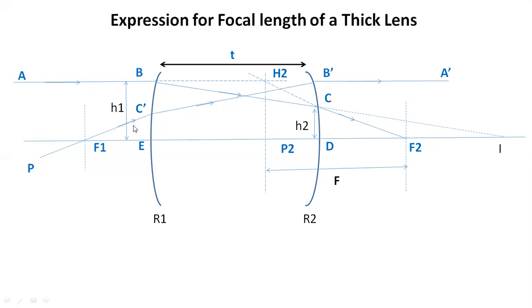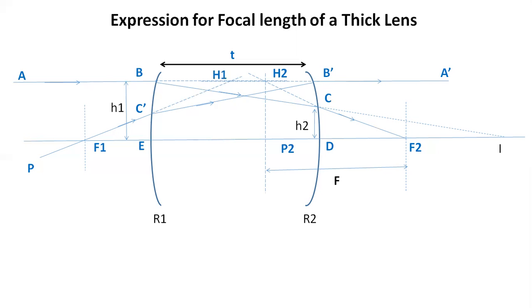So this is the first focal plane, and now extrapolate A dash B dash in the backward direction and PC dash in the forward direction. They meet at the point H1.